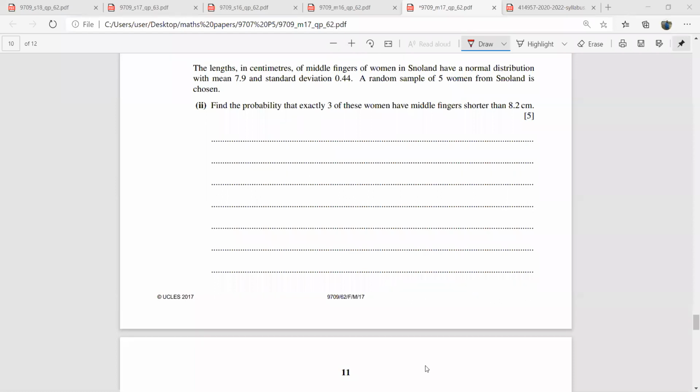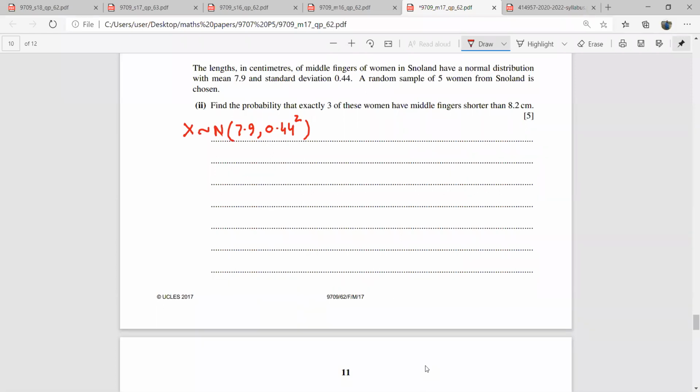Let X be normally distributed with mean 7.9 and standard deviation 0.44, and I'll write it as 0.44 squared because we mention the variance here. A random sample of 5 women from Snowland is chosen. Find the probability that exactly 3 of these women have middle fingers shorter than 8.2.